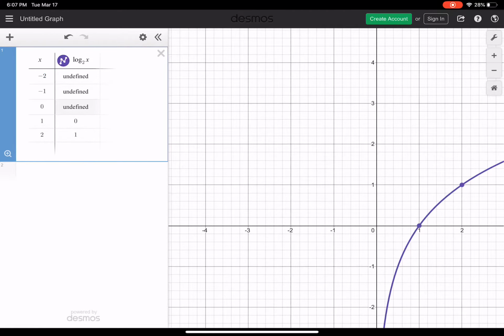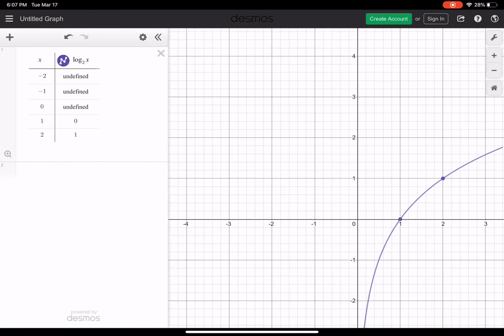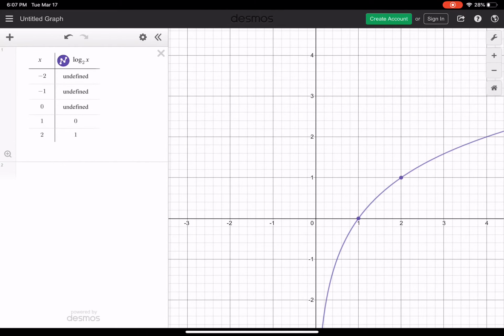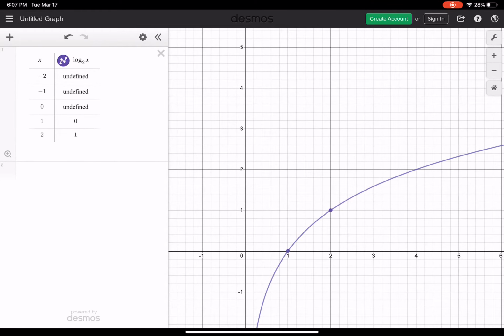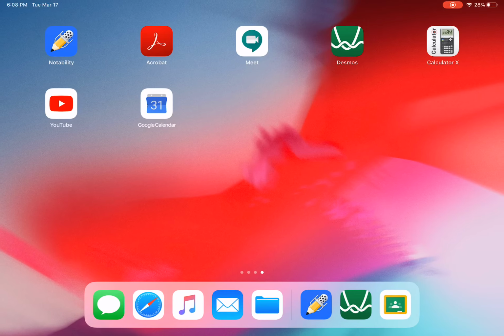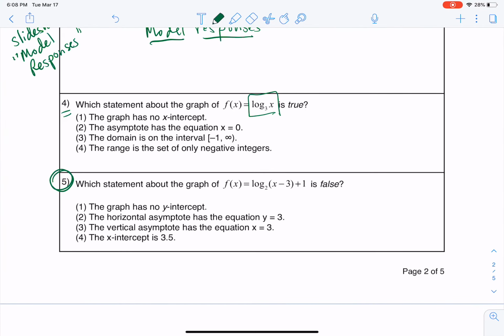So there's no negative x values where the function is defined. The final option is the range is the set of only negative integers. I can look even at x equals 2. There's a positive y value. So the function does continue to increase into positive numbers. Okay, so the correct option for question 4 is 2.